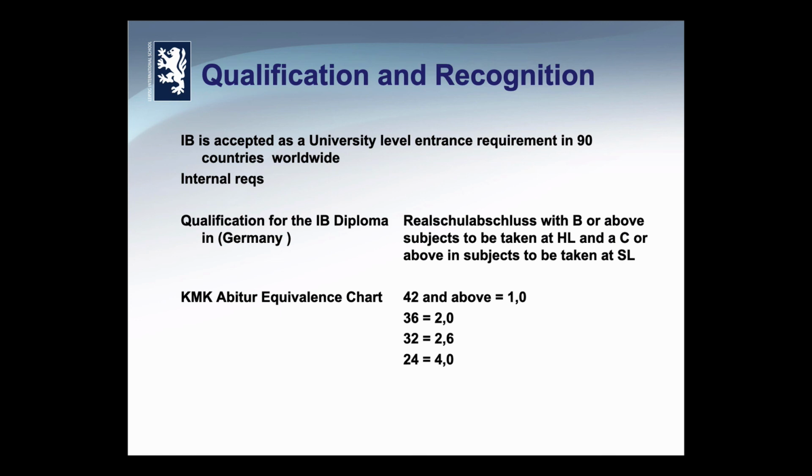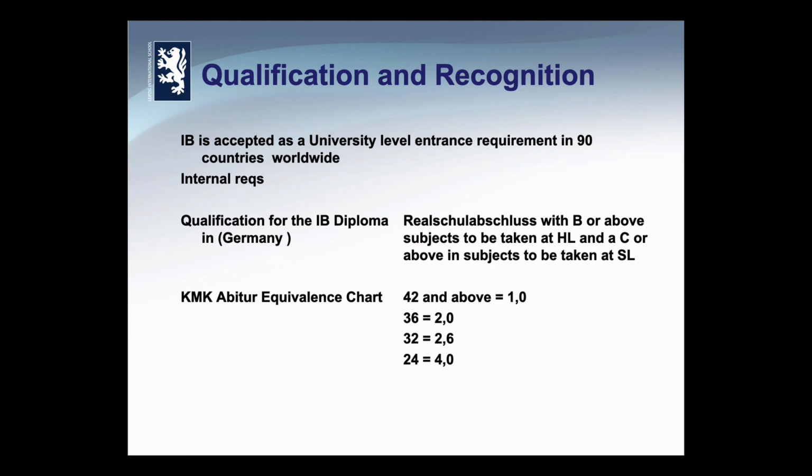And if you have a look also in the diploma course booklet that I referred to earlier, there is a more detailed list of the equivalence charts that you can refer to in that handbook. The KMK agreement, I believe, has been translated into English for non-German speakers, and there's a copy of that on our website as well.